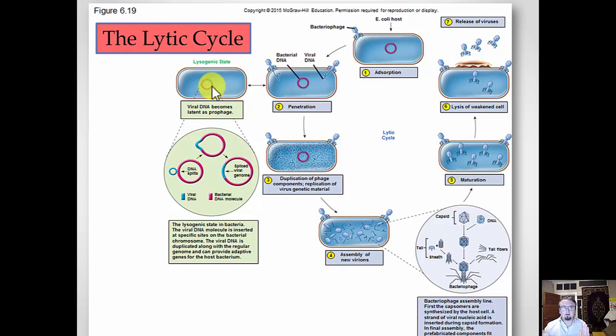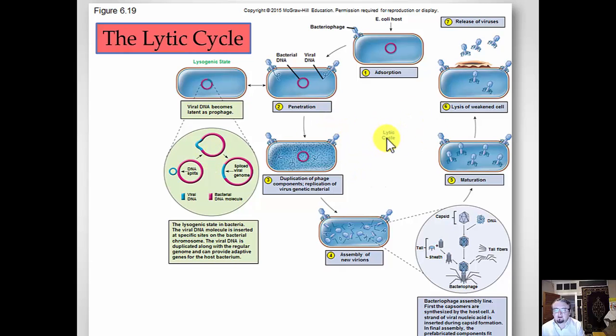But a lot of times it'll be a matter of days, or in a lot of cases the bacteria will replicate the viral information and pass that on to future bacterial cells, and then the virus will pop up later in a future generation. So it's this odd thing they do to incorporate themselves either semi-permanently or permanently into the DNA. And that's what's called the lysogenic state. It's a deviation from the lytic cycle in which they go dormant.